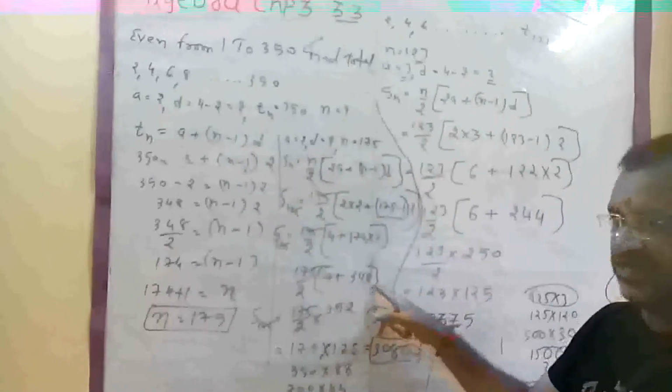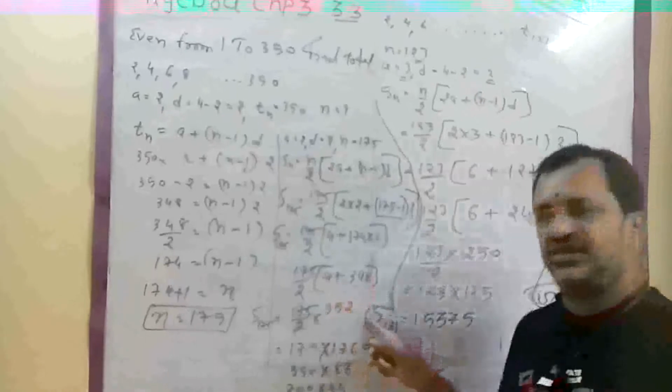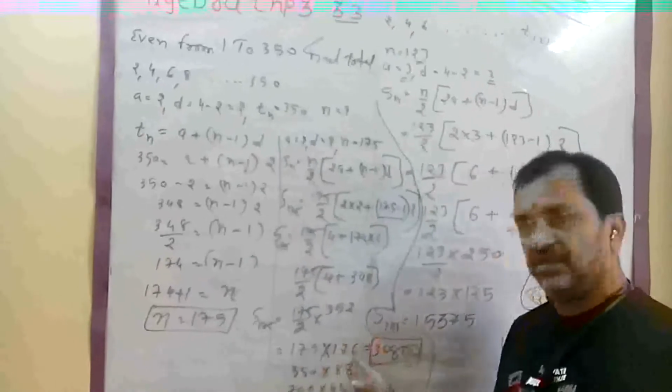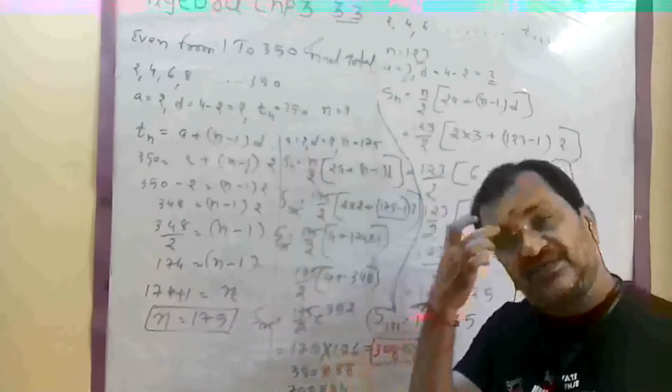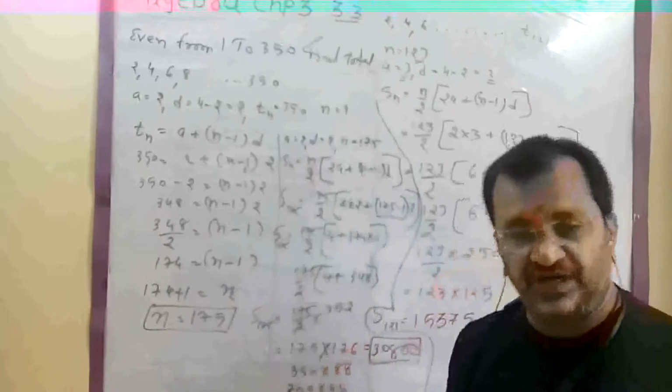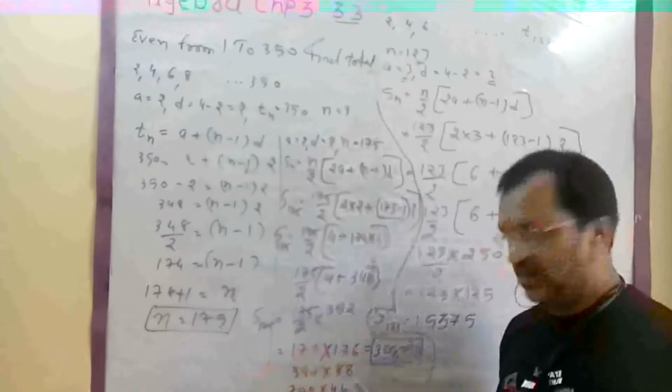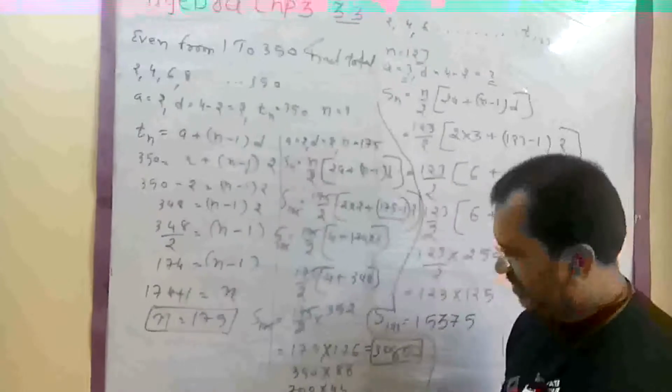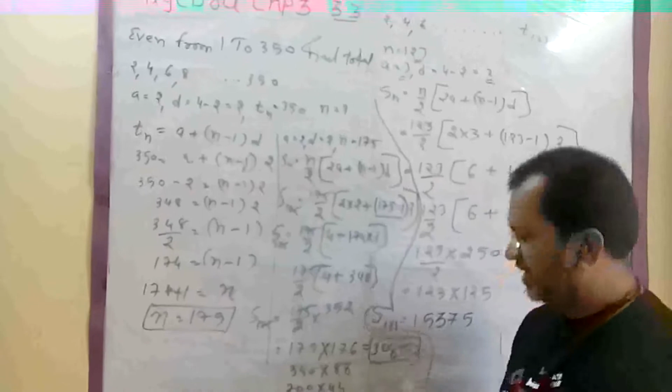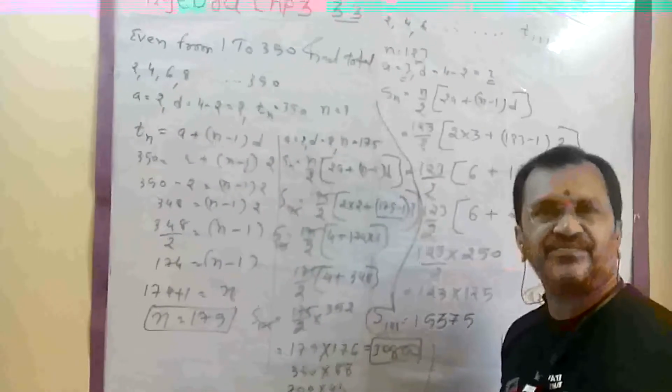Double 348 plus 4 is 352. Half, half. Now I don't know the table of 175 into 176. One double, one half. Again one double, one half. Again, and again.